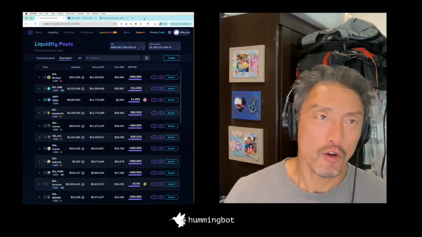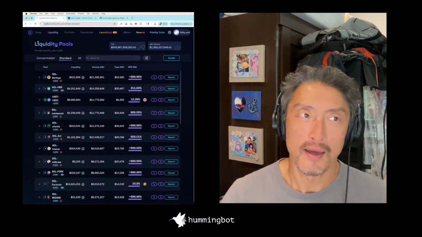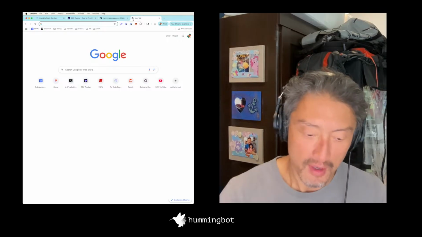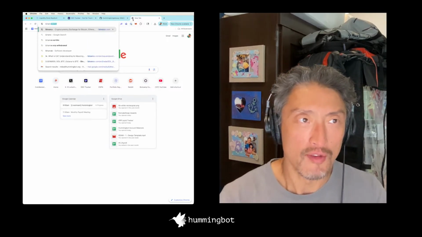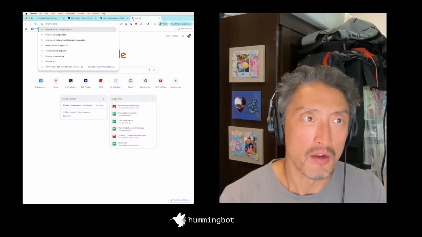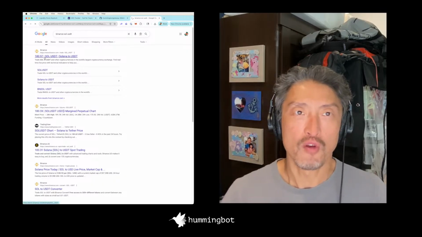So let's start here. I think the first thing we should try to do is understand the differences between a DEX like Raydium and, let's say, Binance. The first thing you'll notice is that if you trade on Binance, and let's pick a trading pair like SOL-USDT, this is an order book exchange.